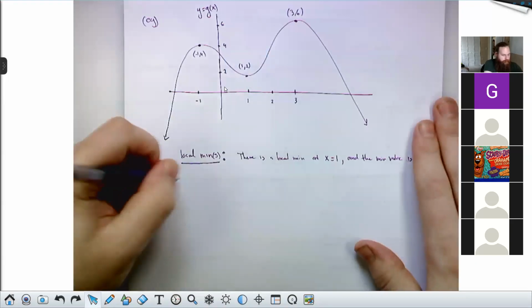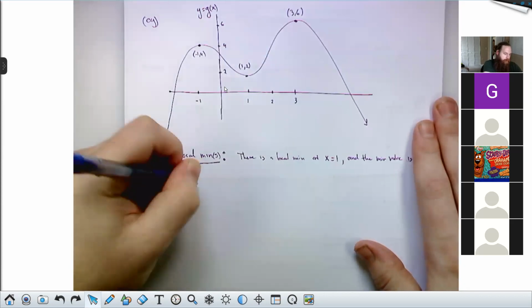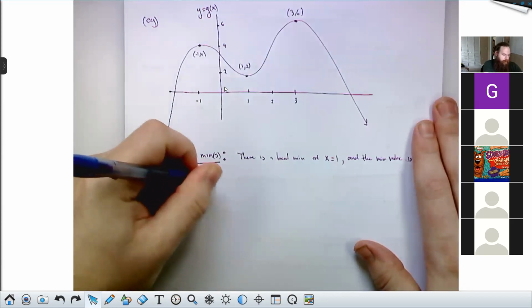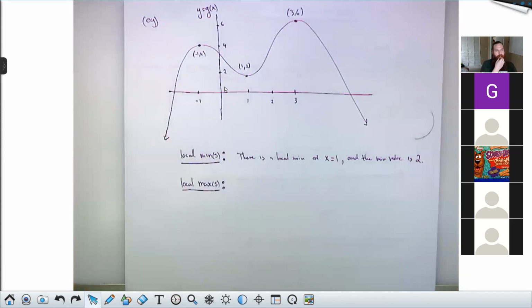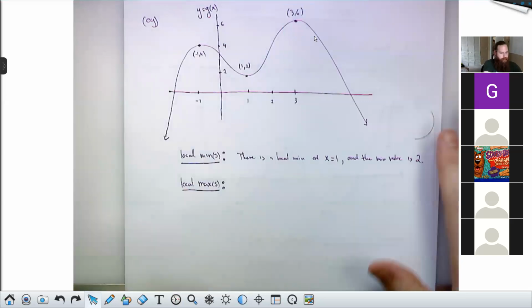What about local maxes? I've got a local max here at -1, 4. Yep, that point's definitely some sort of max. What else? What about this guy? Yeah, he's also a local max.